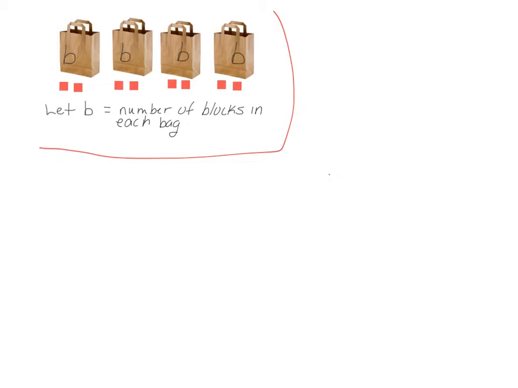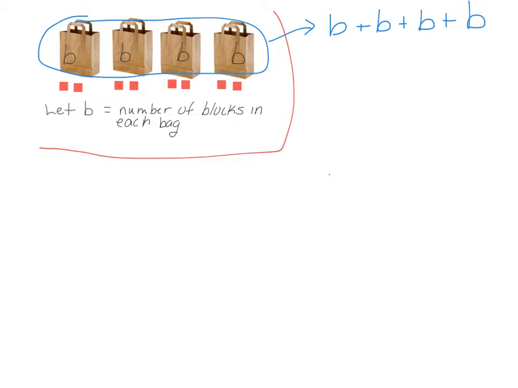Well, we could add all the blocks in the bag. So that would be B plus B plus B plus B. Now, if I add B 4 times, I can combine those, and that's the same as saying 4 times B, okay? Because I have 4 of them, so instead of adding it 4 times, I can just multiply it by 4.